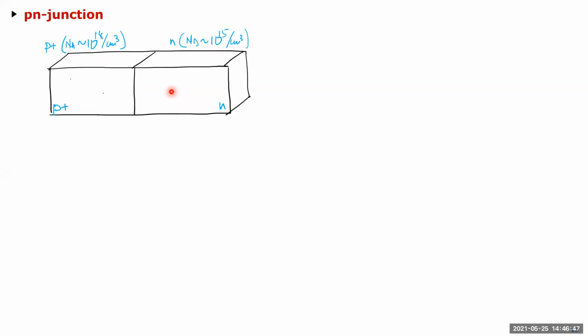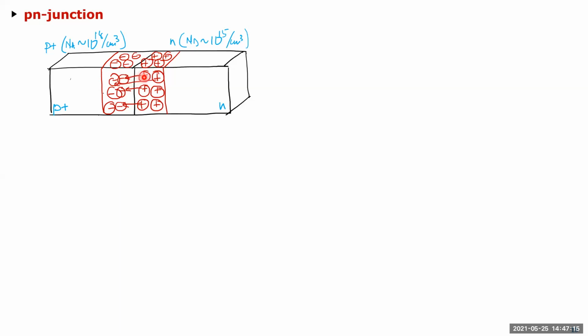Okay. So when you join them, the electron energy on this side is higher than this side. And thermodynamics basically says that at equilibrium, they have to be the same. So these electrons will start moving into the P side, and as they move, they leave a positive charge behind.